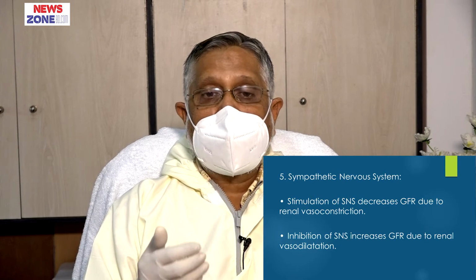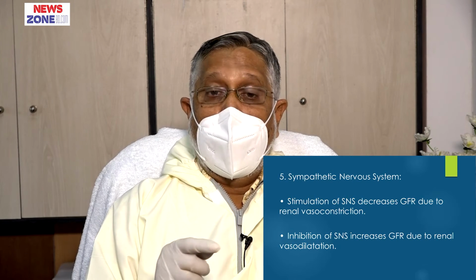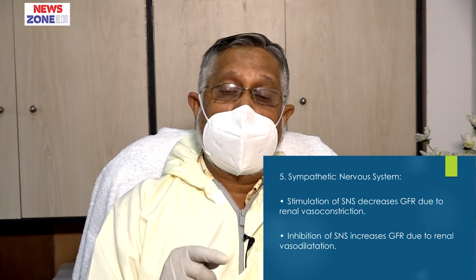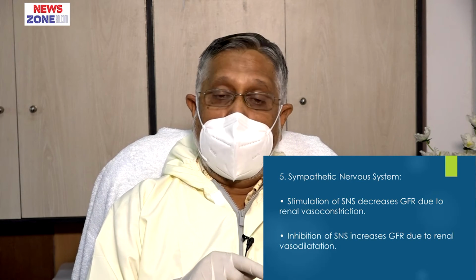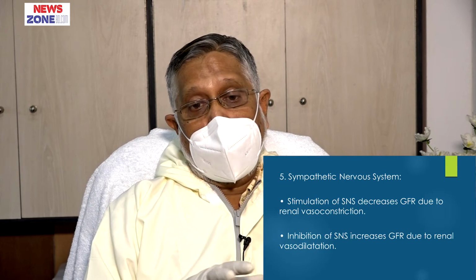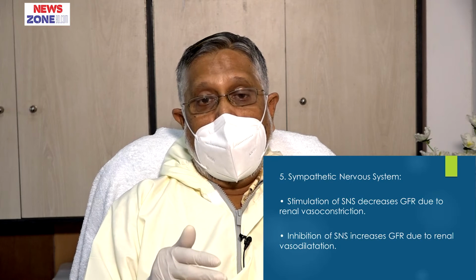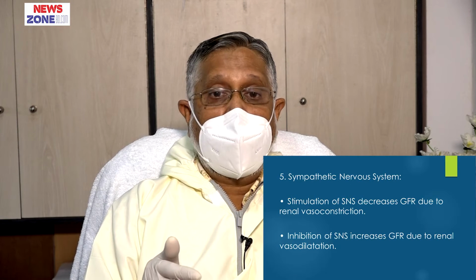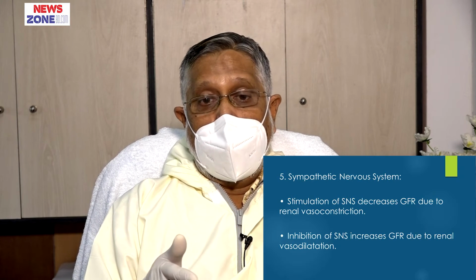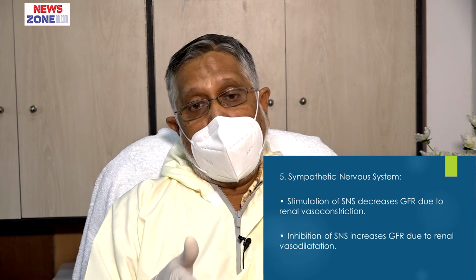This is inversely proportional. You have to remember the effect of the sympathetic nervous system on the renal blood vessels. If you remember that, you can easily correlate with the factors related to GFR in respect to sympathetic stimulation or inhibition.